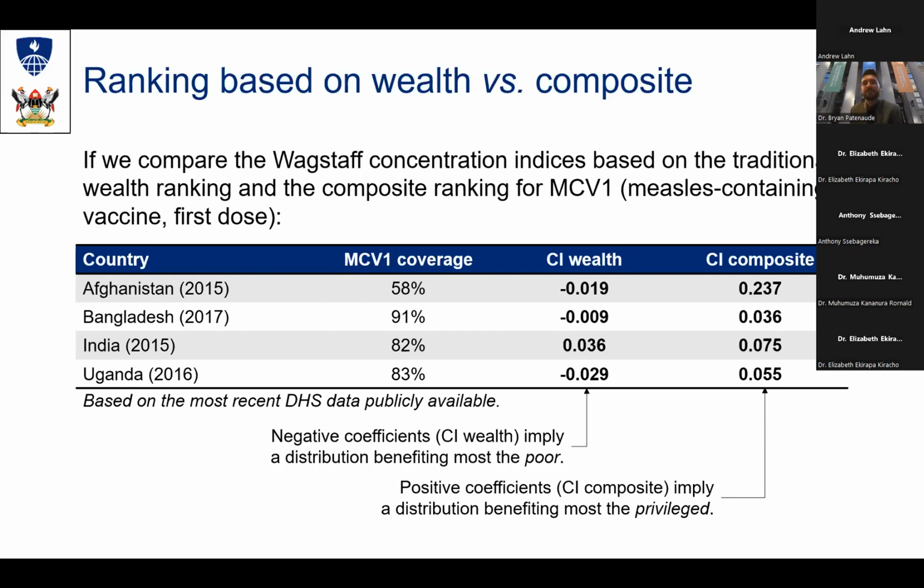And a negative index means that's pro-poor or pro-advantage. So the poor actually receive immunizations at a higher rate than the rich. But we see that that goes away if you take a look at multiple criteria, because there are other things, again, that matter for equity that contribute to disadvantage beyond just poverty. Next slide.